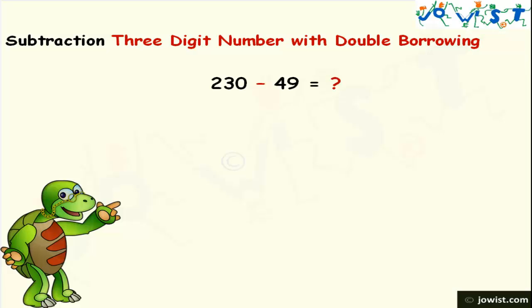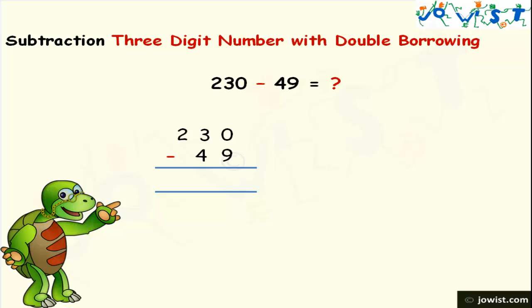Let's look at subtracting 49 from 230 by the quick method. We will arrange the numbers at appropriate places as shown, as we did earlier, placing ones below the ones, tens below the tens. Now we will subtract the digits in the ones place.